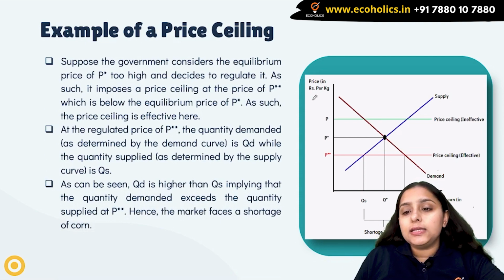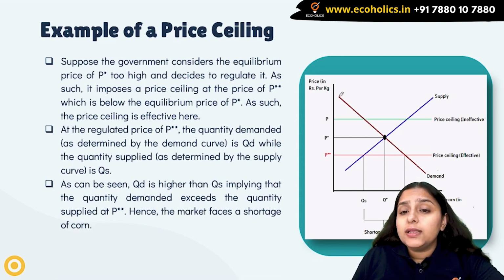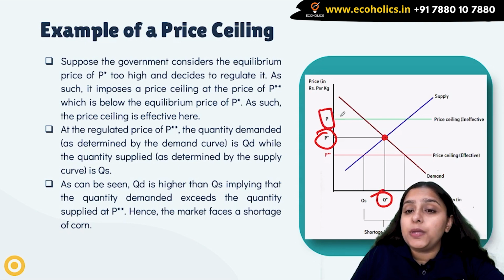Let us say in this diagram, as you can see over here, there is this demand curve and this supply curve. This is the equilibrium price, which is P star, and at this we have quantity Q star. If the government comes and imposes a price ceiling at P, at P this is the quantity demanded and this is the quantity supplied. So we have excess supply.